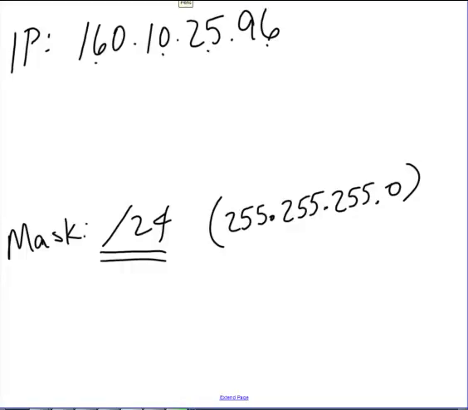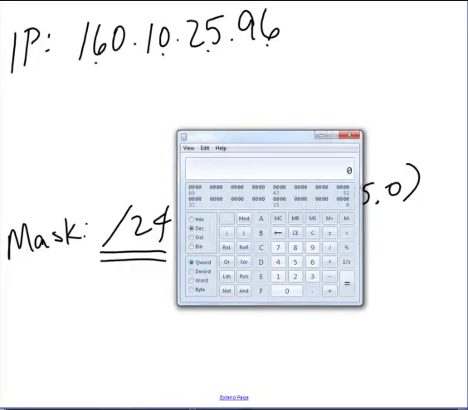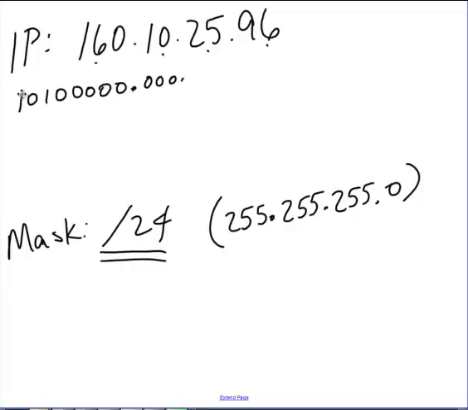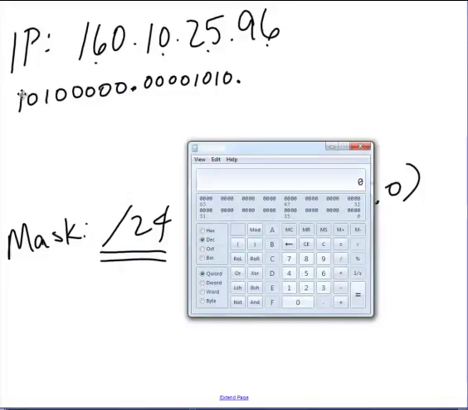The binary for 160 is 1010 followed by 4 zeros. The binary for 10, I just happen to know, is 0000 1010. Let me put it in the binary calculator and do 25.